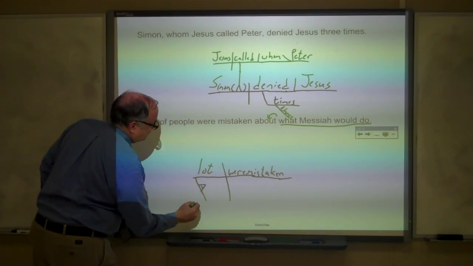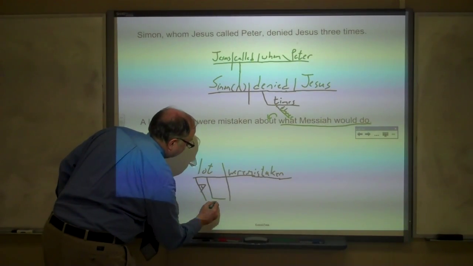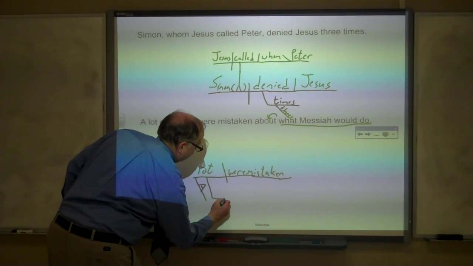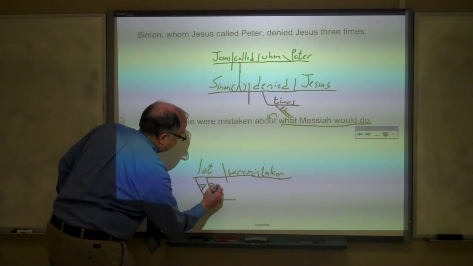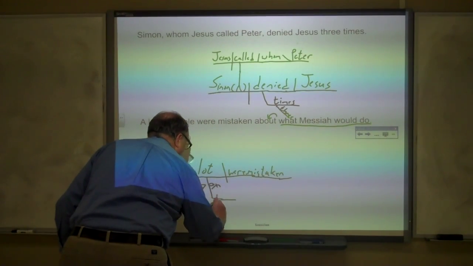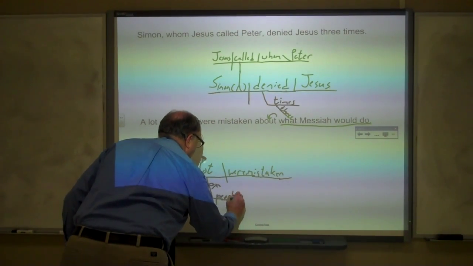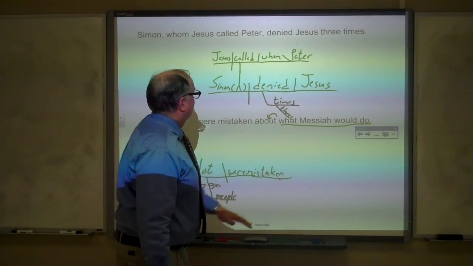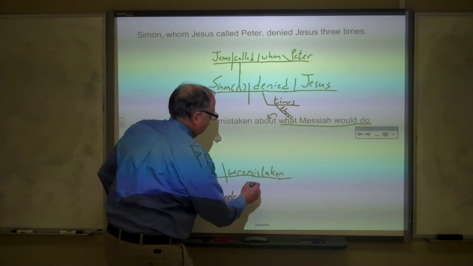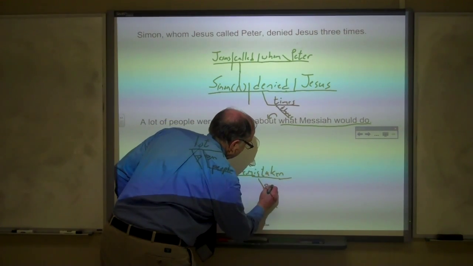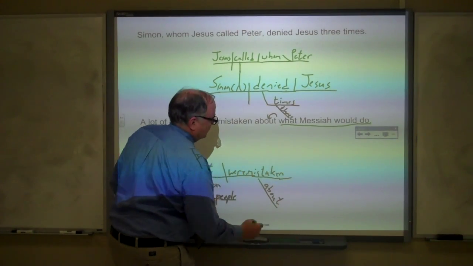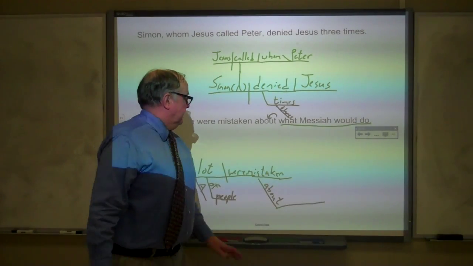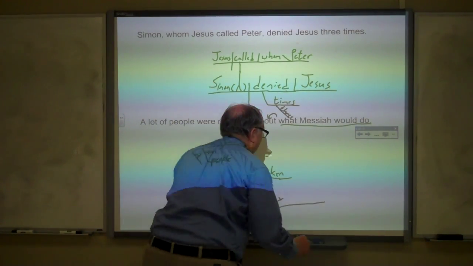A modifies lot, and of people is the prepositional phrase that also modifies lot. A lot of people were mistaken, and then a prepositional phrase, about what Messiah would do. So again we write preposition throughout the line for the object of the preposition, and then the noun stand.